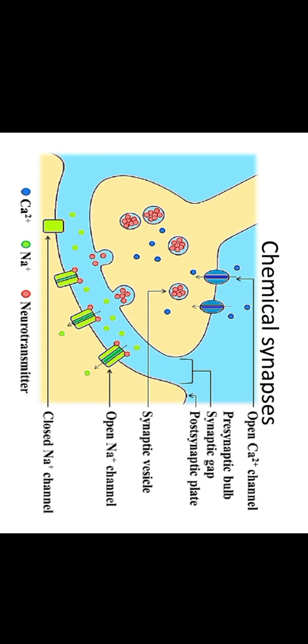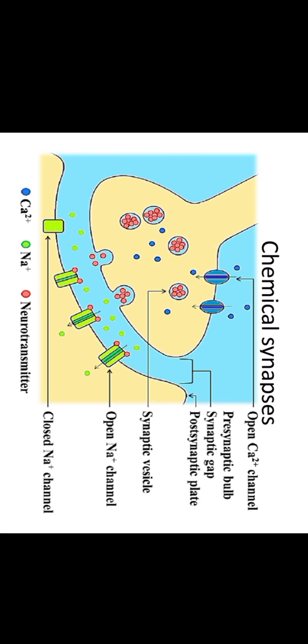This is the diagram of chemical synapse, in which you see the process of chemical synapse: open calcium ion channel, presynaptic bulb, synaptic gap. The area or portion between two neurons, that is the presynaptic and postsynaptic neuron, is called the synaptic gap. Then the postsynaptic plate.